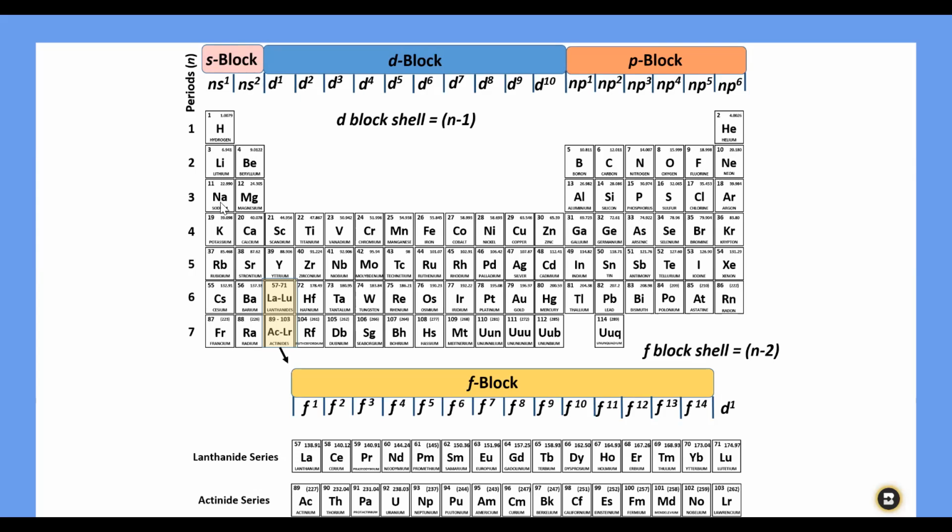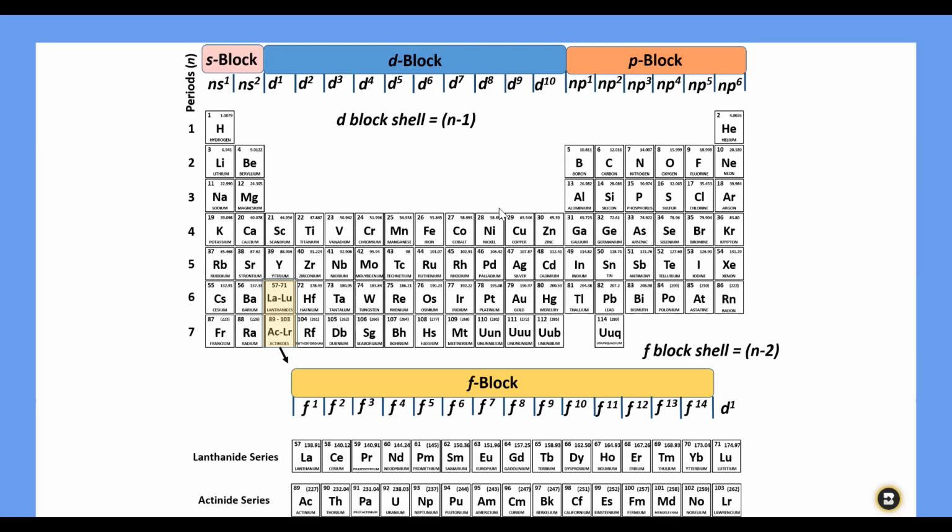Then if it's sodium, it will be 1s2, 2s2, 2p6, 3s1. If it's magnesium, 1s2, 2s2, 2p6, 3s2.